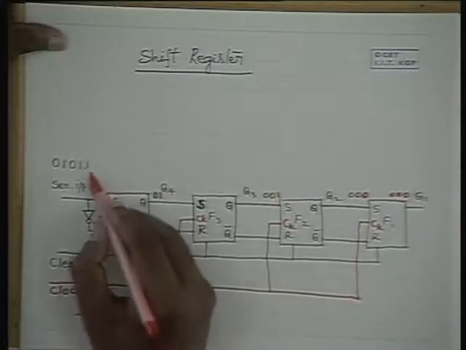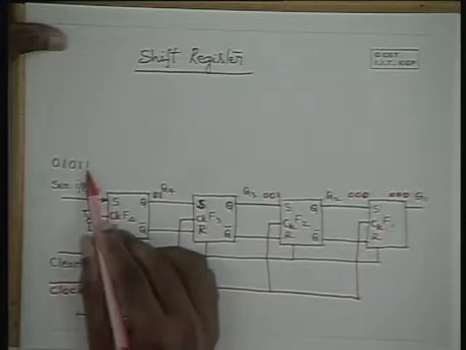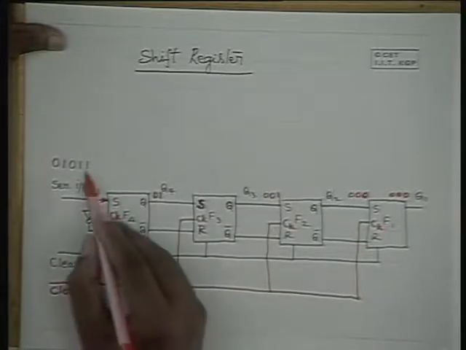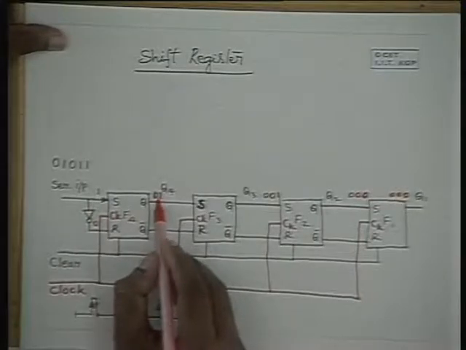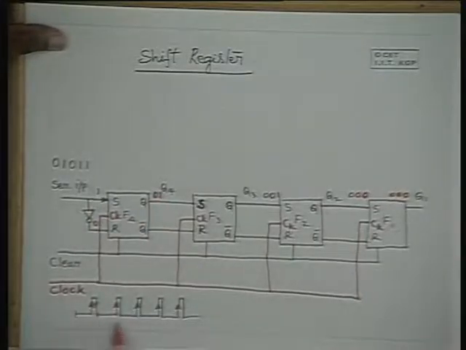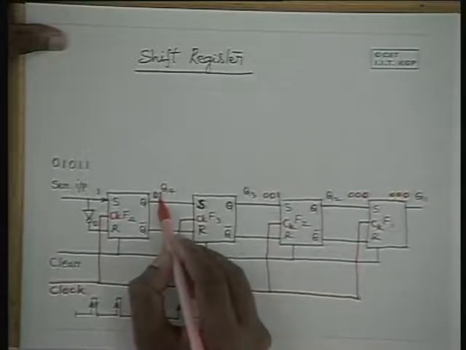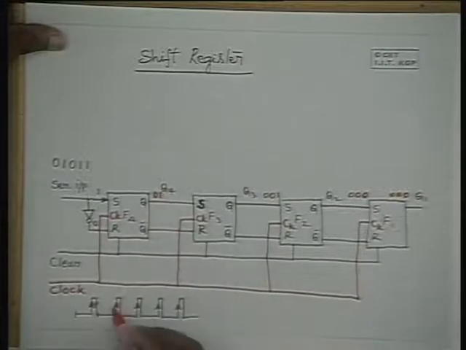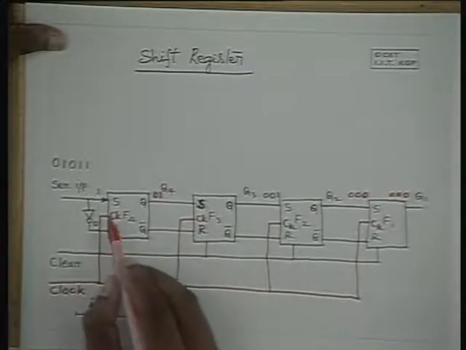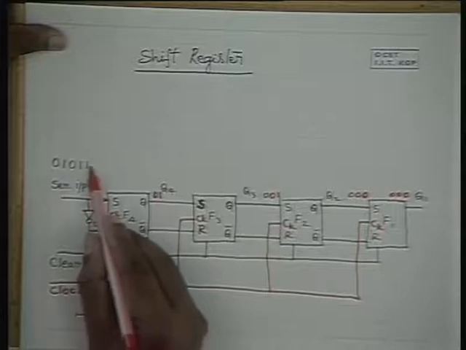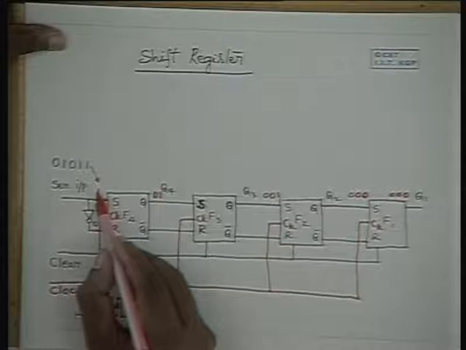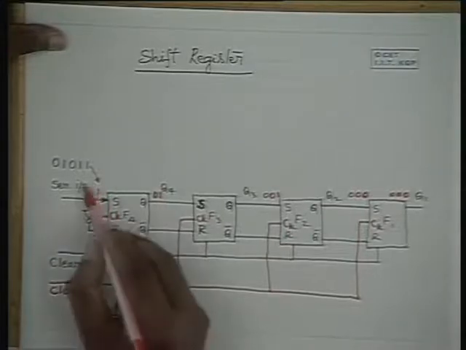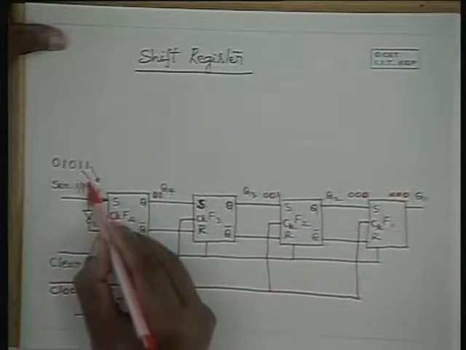Now what happens to this? First it was a 1. When the first clock pulse occurs, this was a 1 and therefore this got transferred as 1, and during the second clock pulse time, this remains as a 1. Now during the second clock pulse we are supplying an input of again another 1.